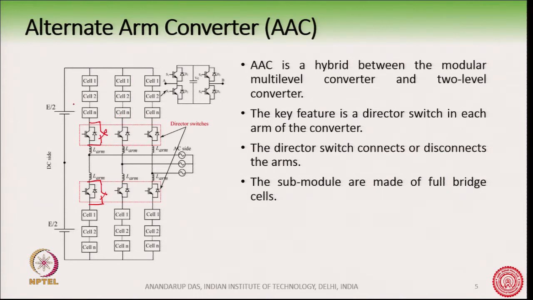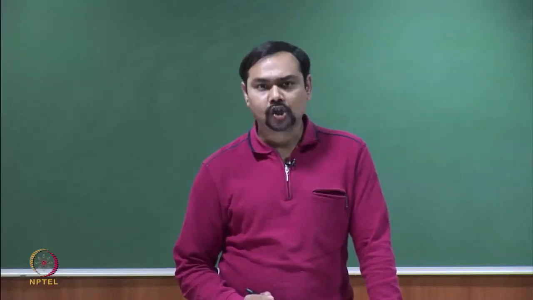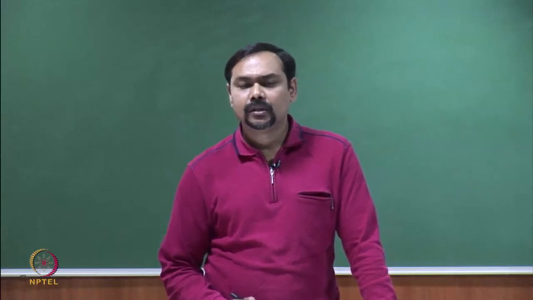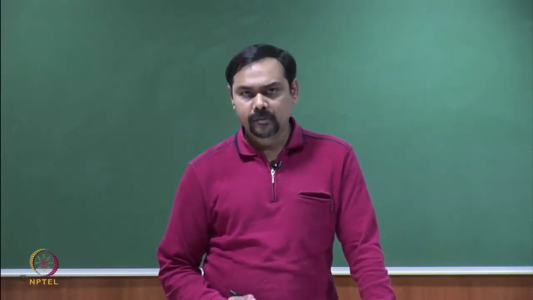So, the one arm is only used in one half of the AC cycle. Therefore, it is claimed that this topology will give us lesser loss as compared to the conventional MMC.